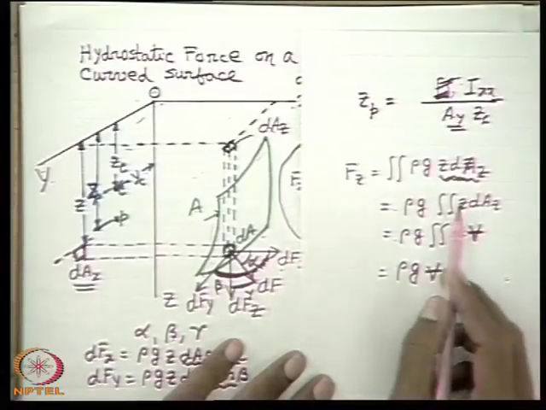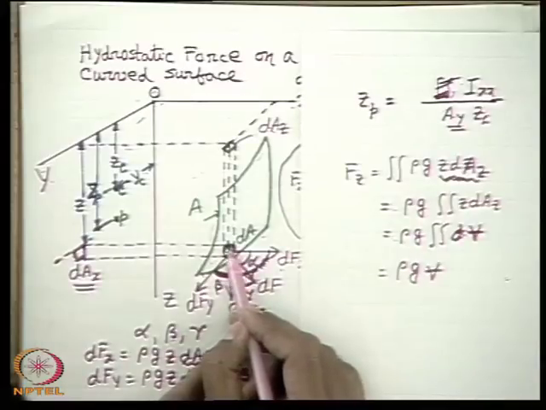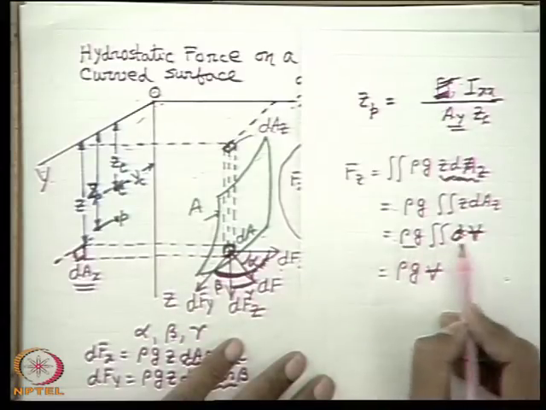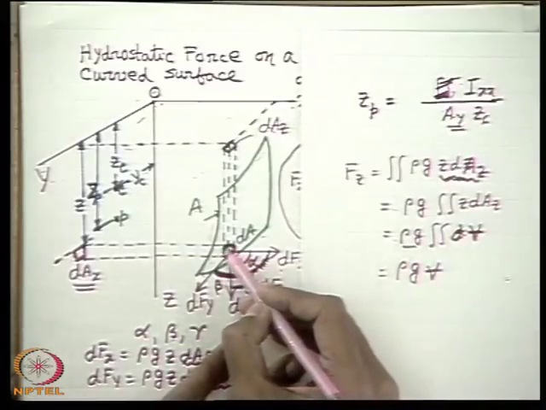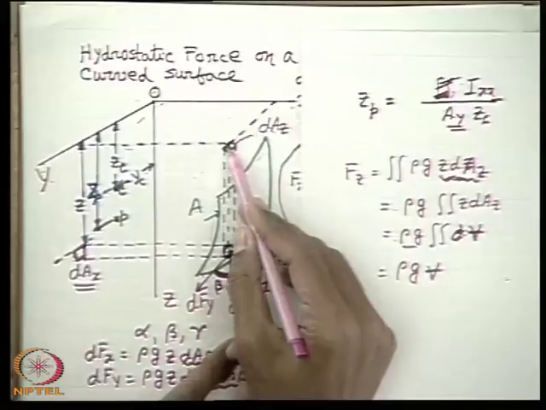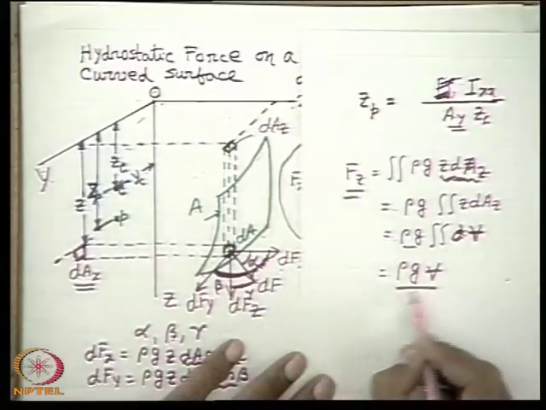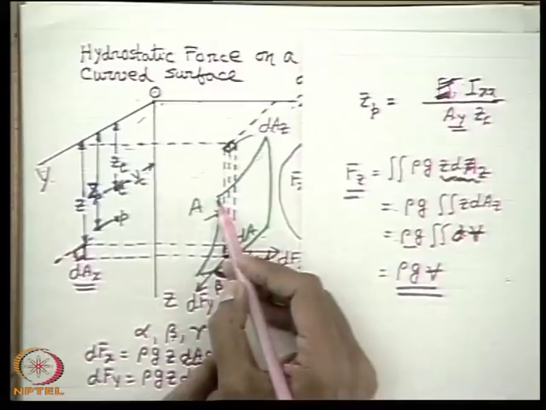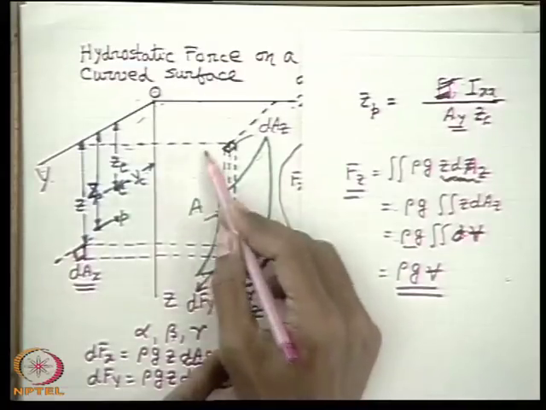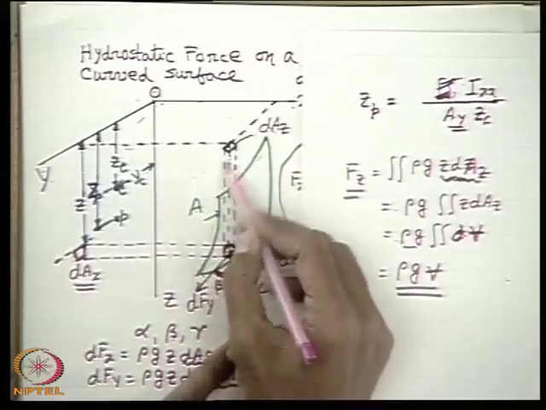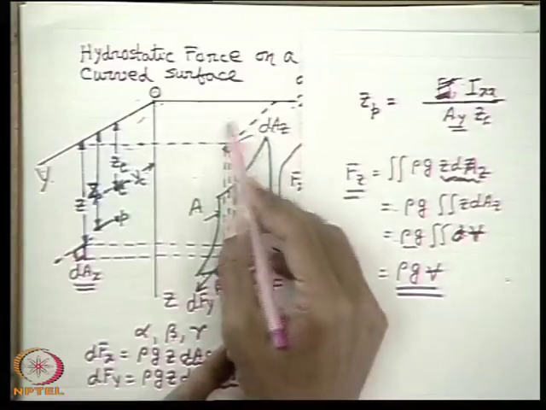That means we can tell that the hydrostatic z component of the hydrostatic pressure force over an elemental area is equal to the weight of the fluid above that elemental area up to the free surface, and for the entire surface it is the weight of the fluid that is contained in the region vertically above the surface up to the free surface.